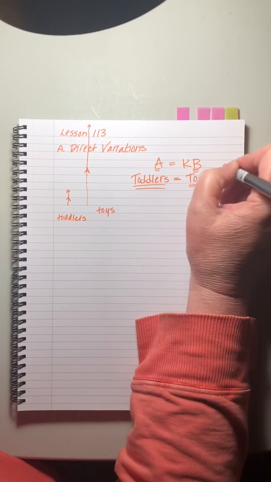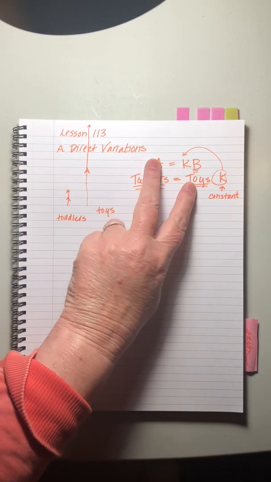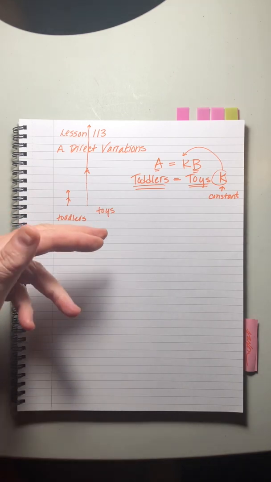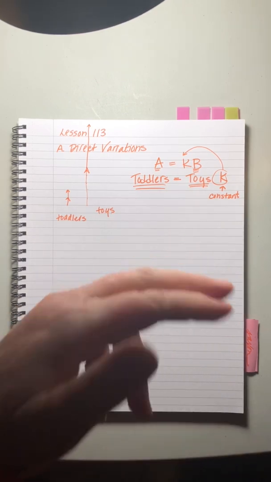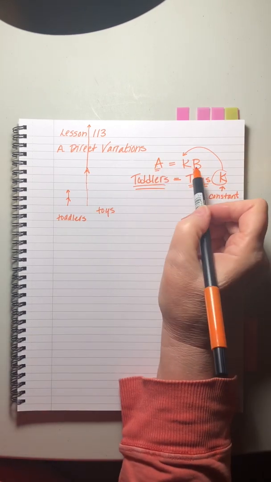I've got the constant in the opposite place, but you can put it first. We can change that simple equation to match whatever our story is. If the number of pigs varied directly with the number of mud puddles, I'm just making that up, then we could quickly change this to pigs and mud puddles, right?